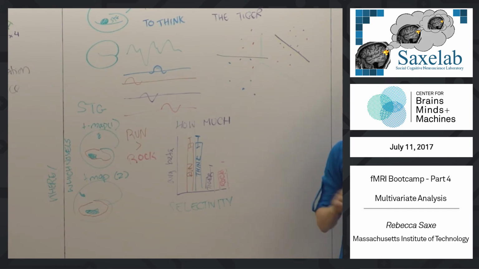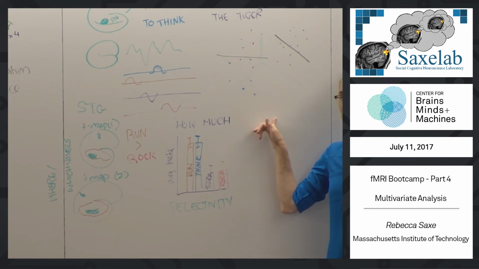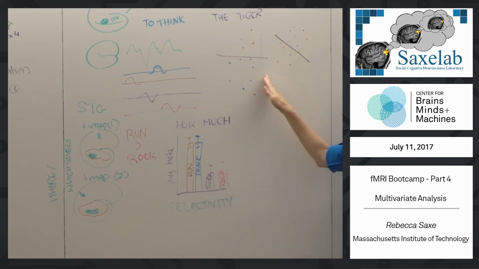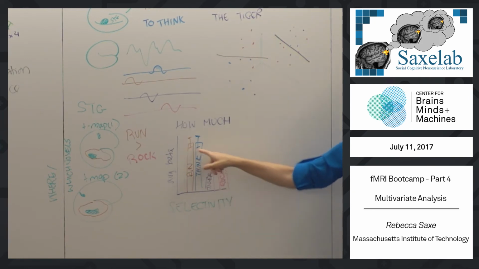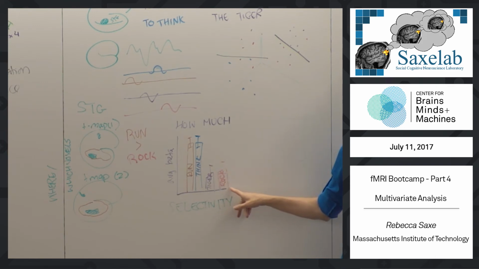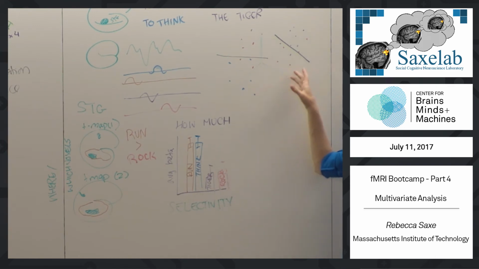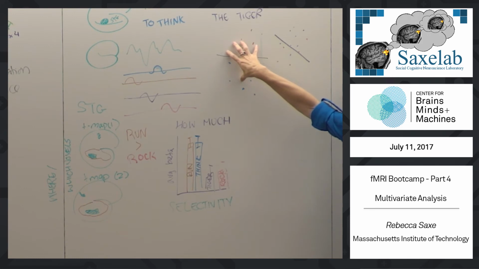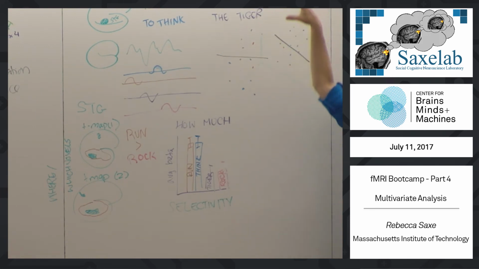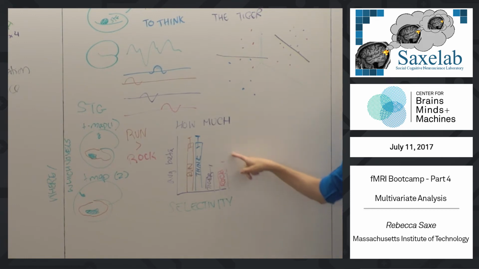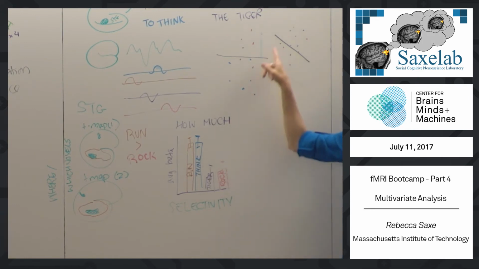Now, this is SVM classification, which is one way of doing it. Between nouns and verbs, we know for sure we can classify, because you can see even just the average activity can classify. And so on average, all of these blue and brown ones are in a different part of the space than all of these red and purple ones along at least one dimension, namely the one of the average magnitude. And so we know we're going to be able to classify those.